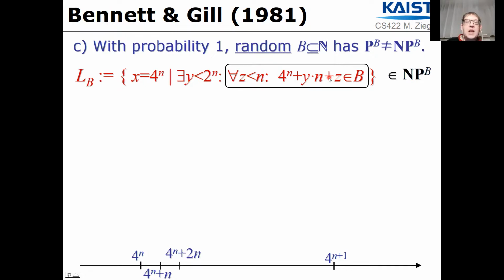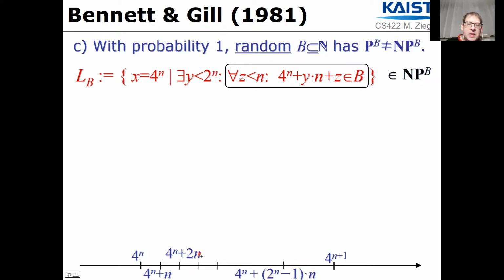That's the next candidate. The first corresponds to y equals 0, the next one corresponds to y equals 1, and the next one to y equals 2, and so on until the last possible, where y is equal to 2 to the n minus 1, must be strictly less, times n.